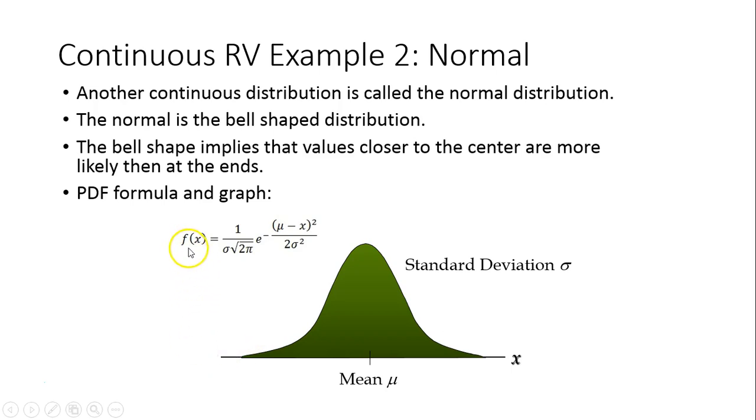This has f of x on the y-axis, the probability here, which for the continuous case is for a 1 unit interval.